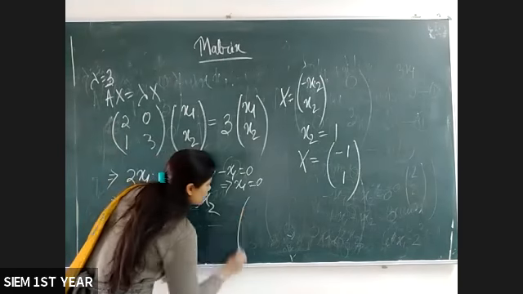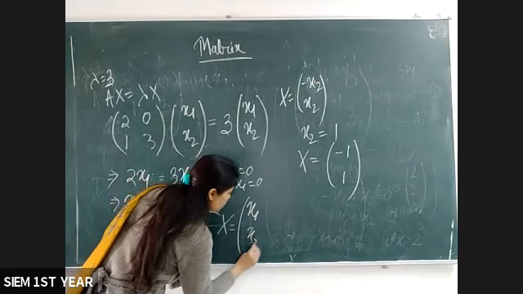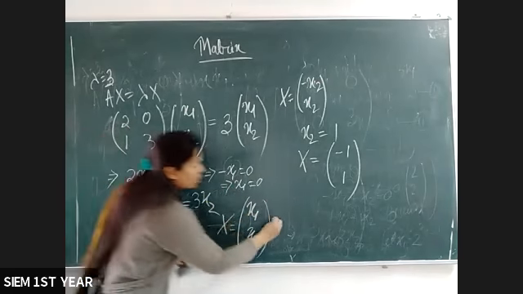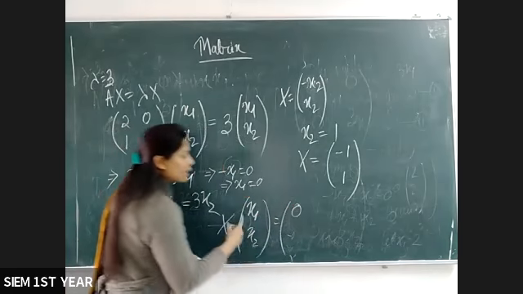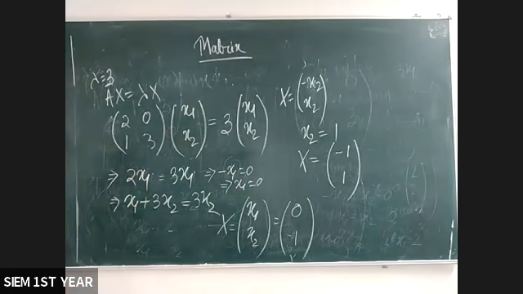So since capital X is equal to x1, x2, and you get x1 is equal to 0, and x2 is any arbitrary number, you can choose 1 or 2 or 3, anything. Since we cannot find any value of x2, we can choose any value of x2.